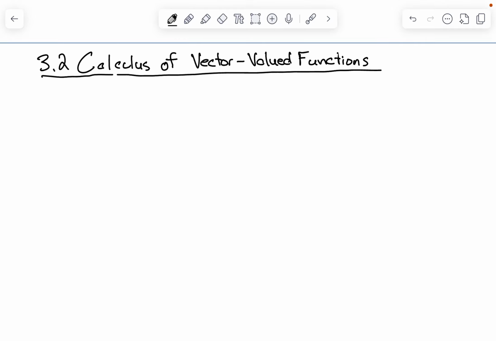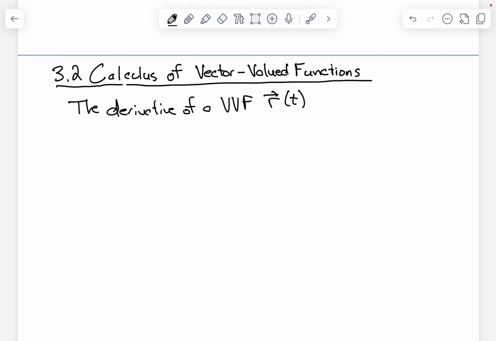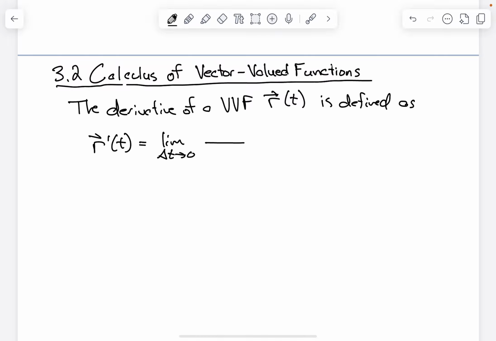3.2 looks at calculus of vector-valued functions. So, like scalar functions, the derivative of a vector-valued function r of t is defined as r prime of t is equal to the limit as delta t goes to 0 of r of t plus delta t minus r of t divided by delta t.